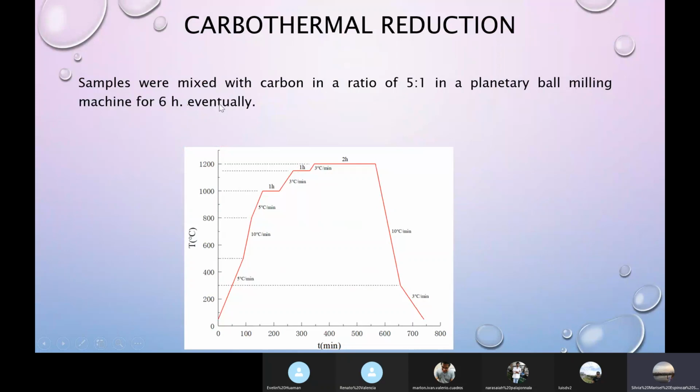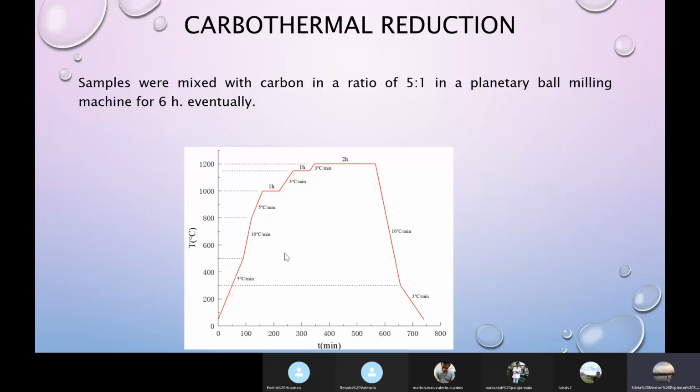Eventually, the mixture was heated from room temperature to 1,200 Celsius. The thermal treatment is very important. This was performed in a tubular furnace in argon atmosphere.